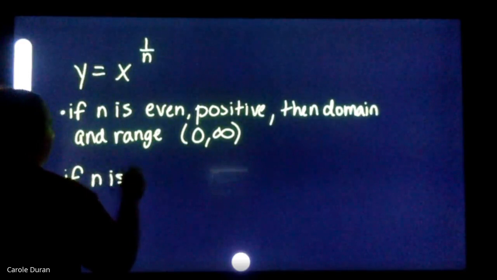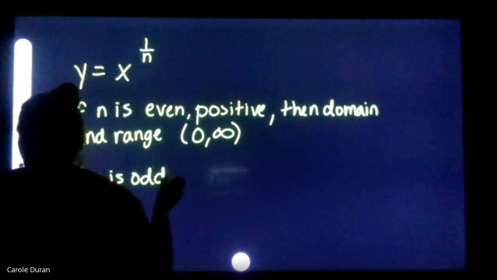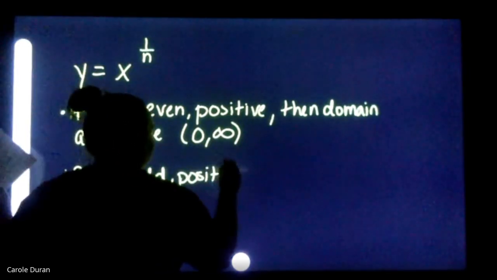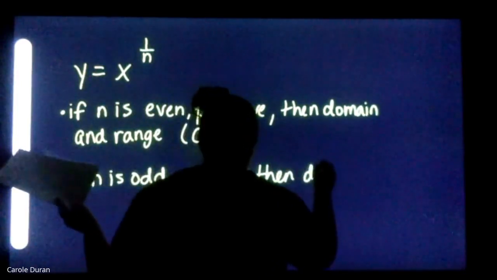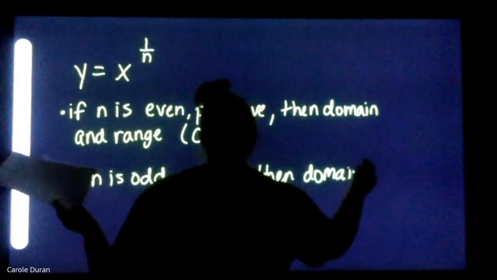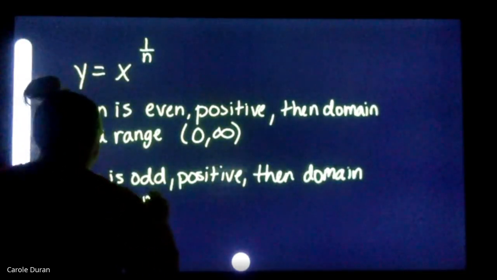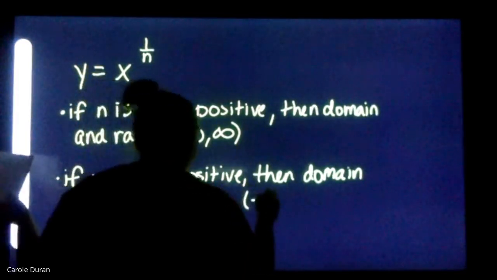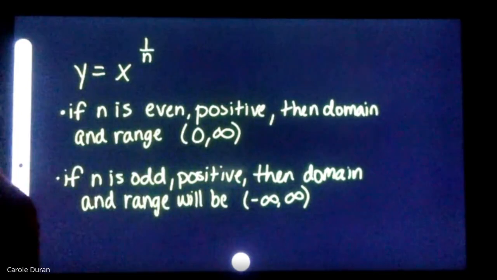If n is odd, so if I get like 1/3 or 1/5 or 1/7 and positive, then the domain and the range will be negative infinity to infinity. That is just some helpful information to know.